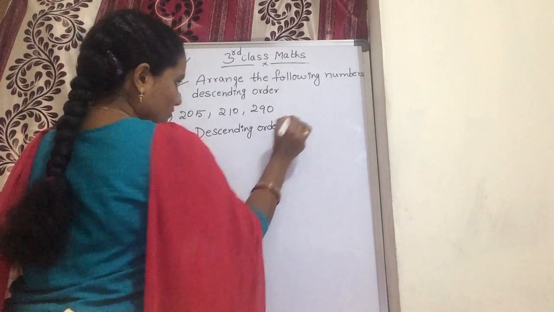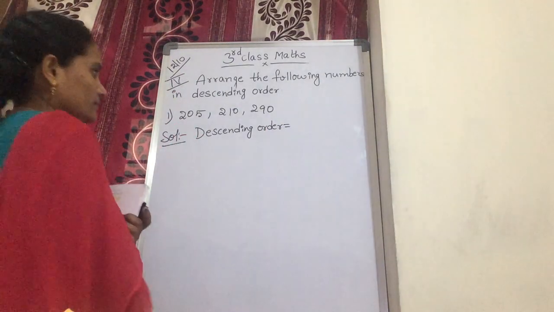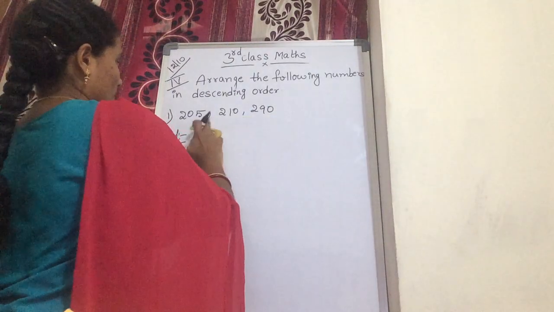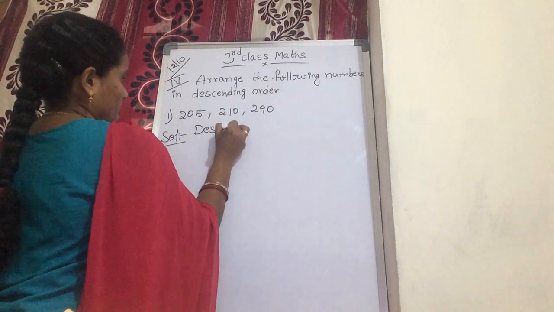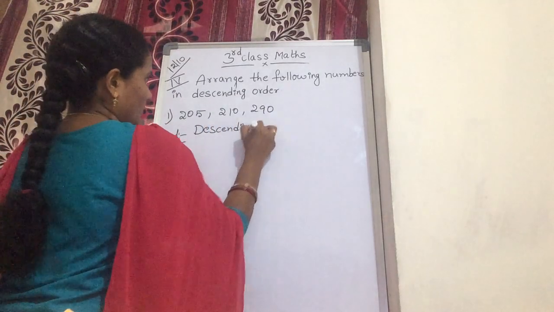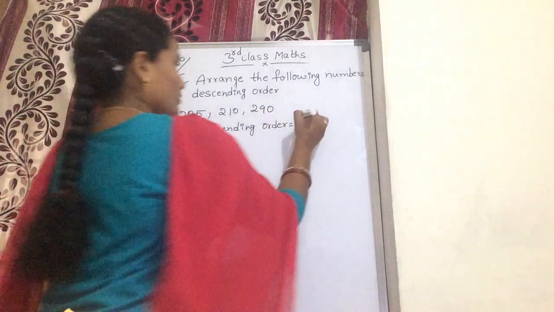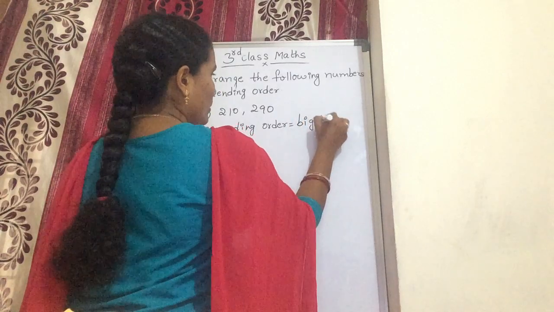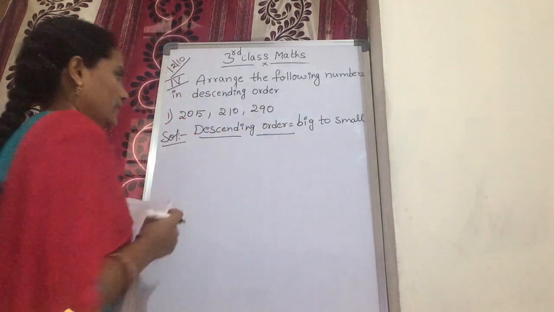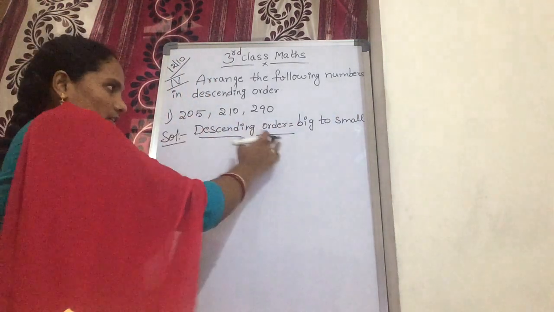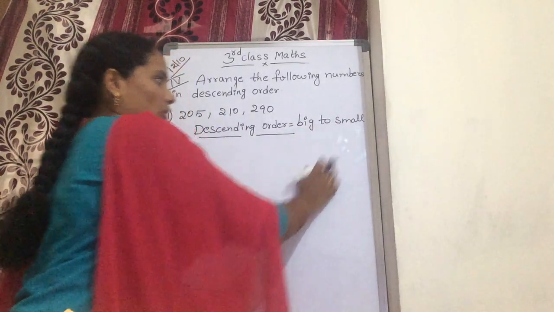In descending order, the given numbers we should arrange from big number to small number.